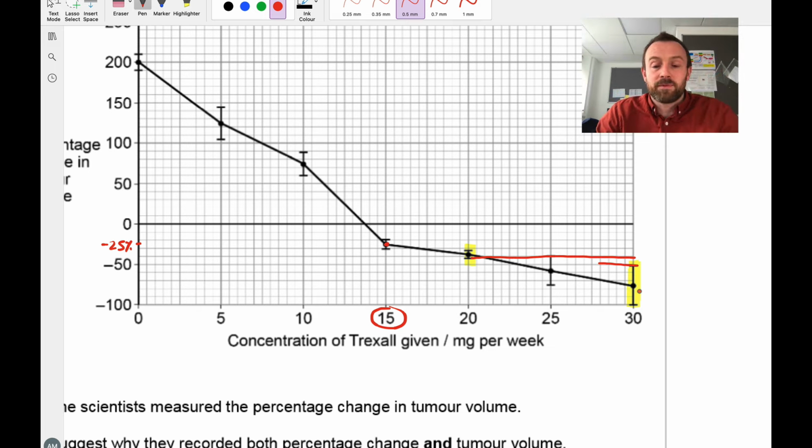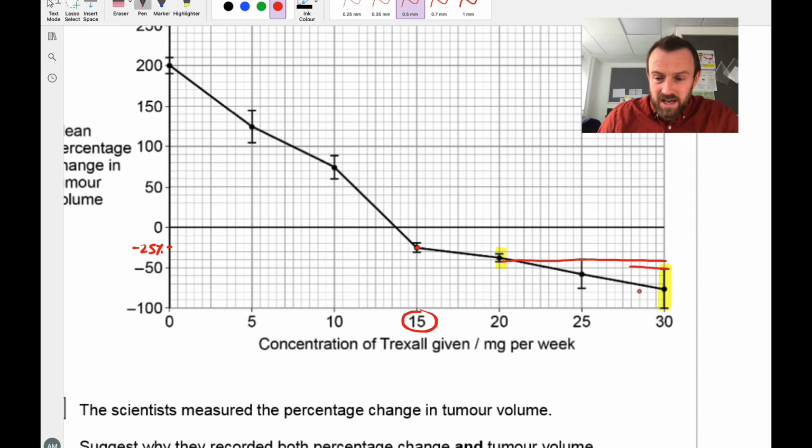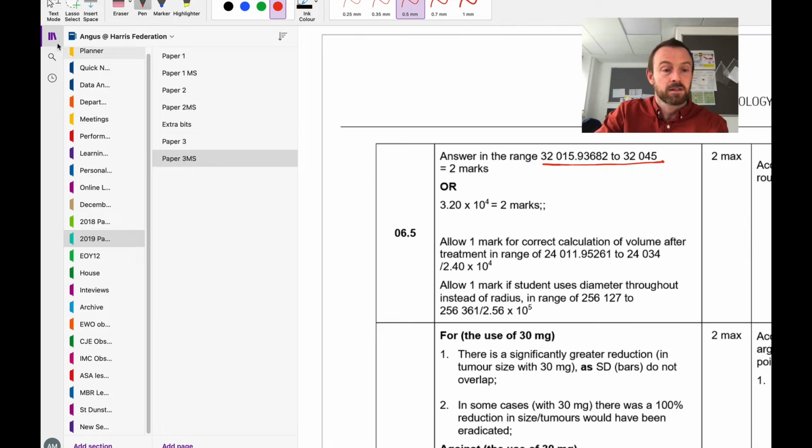So 30 does produce a significantly greater decrease in volume, and it's minus 25% versus, what's that? It looks like minus, is that minus 75%? Yeah, so it's a 75% reduction in tumor volume versus a 25% reduction in tumor volume. There is a bit of an error associated with this, but it is a significant difference.